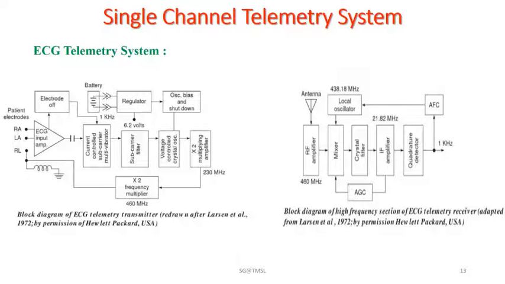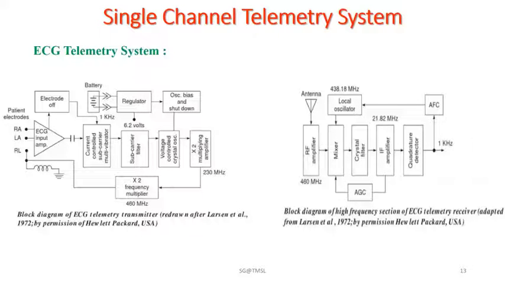And some ECG systems operate in the 450 to 470 megahertz band, which is well suited for hospital transmission and can accommodate a large number of channels. For the transmitter circuit, certain requirements are there.